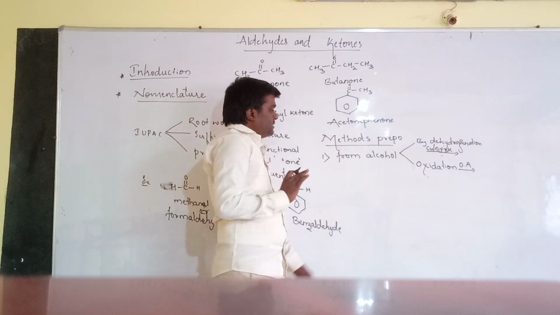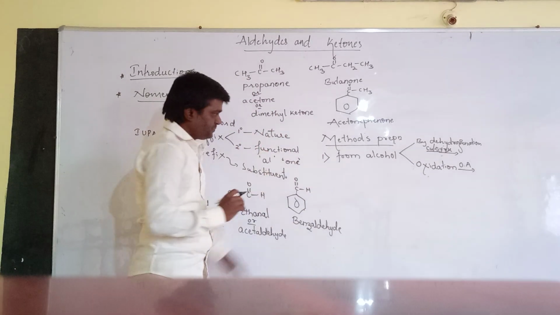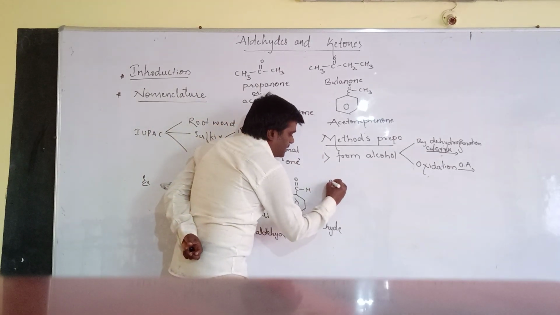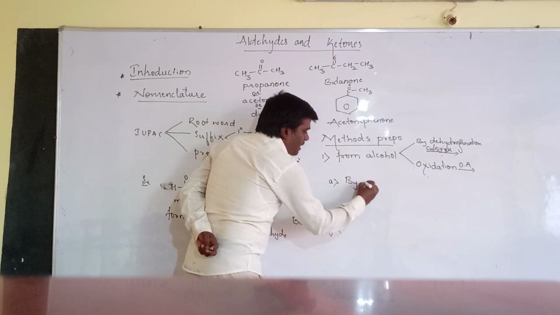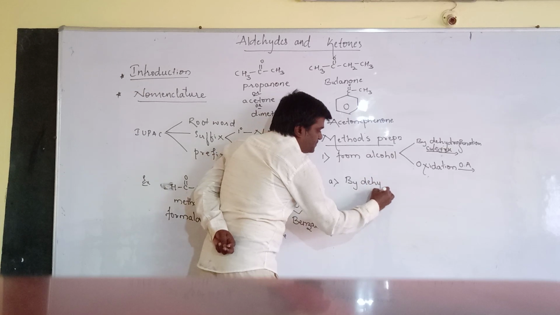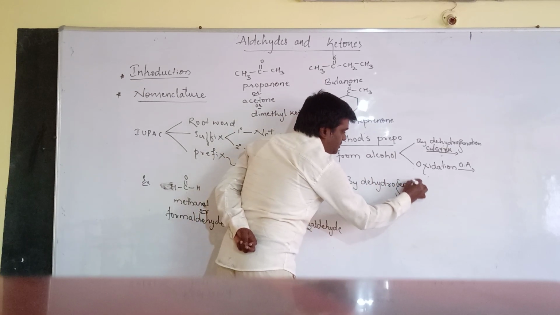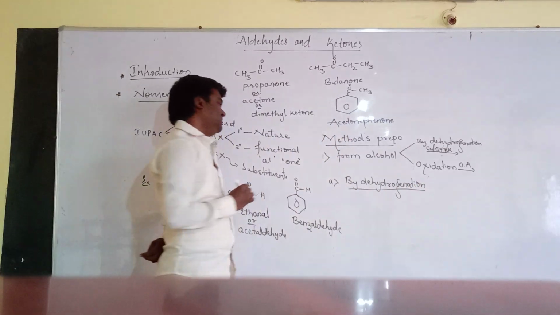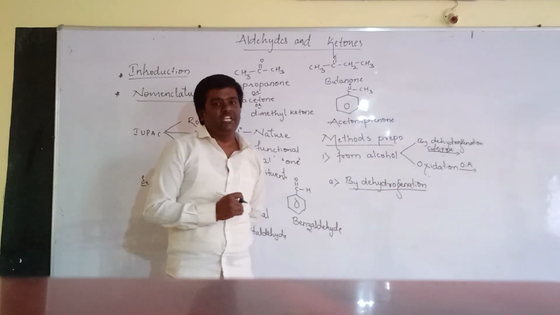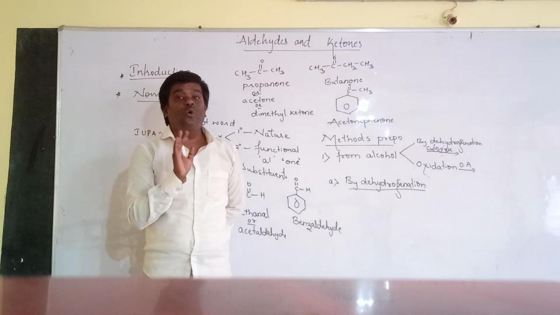Then let us see the first method, dehydrogenation of an alcohol. Dehydrogenation means the removal of hydrogen in the reaction. In another way, removal of hydrogen is also known as oxidation.